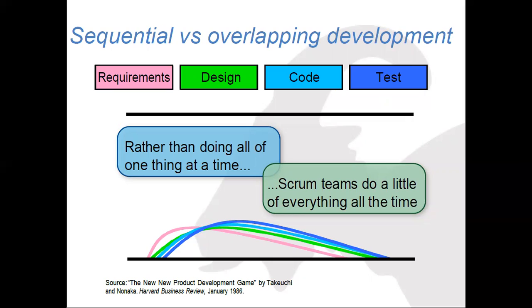So in Scrum, teams do a little of everything all the time. We do requirement, design, coding, testing, all together at a time. So in sequential, we do one thing at a time, and in Scrum, we do all things at a time.